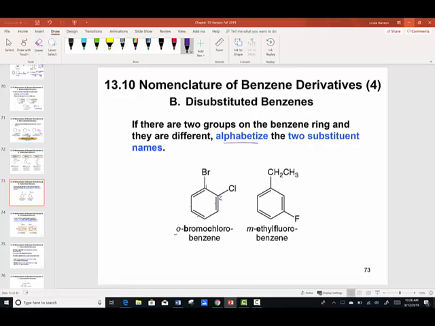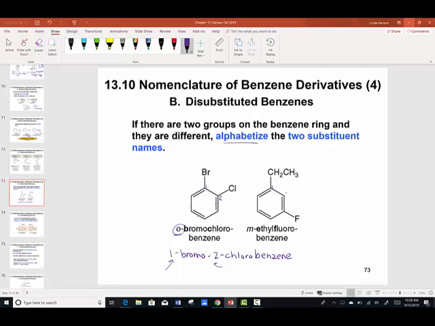I could say 1-bromo-2-chlorobenzene, but more often, more common, you will just hear that written or seen it written here. It's said as ortho-bromochlorobenzene. This ortho automatically tells me the positions in alphabetical order of the substituent groups.